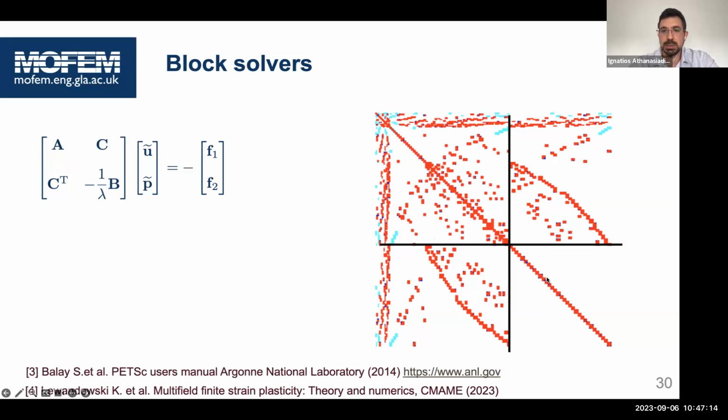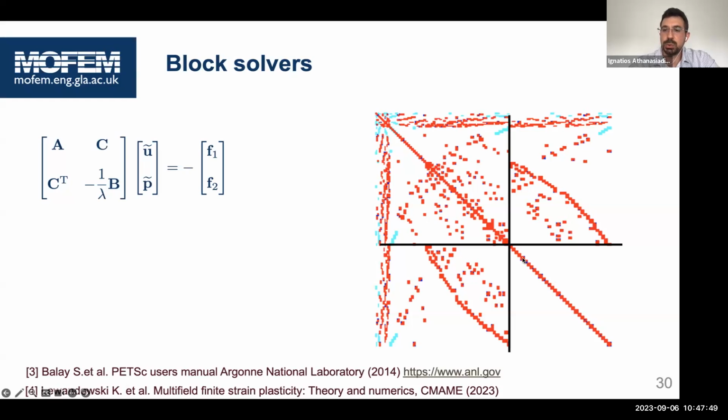This particular case is the Crouzeix-Raviart element, where the pressures are sought in L2 space. And this is important because we would see a very different picture here in case it was a Taylor-Hood element where the pressures are sought in H1 space. It would be more or less as dense as this one, not that sparse. That is here essentially a block diagonal matrix where each block corresponds only to one element.